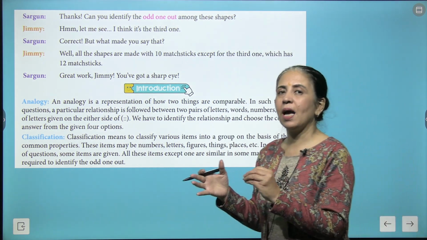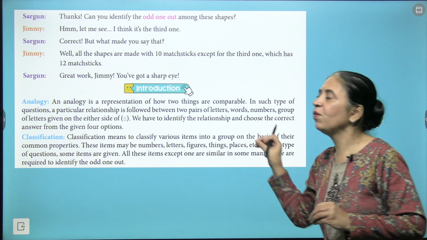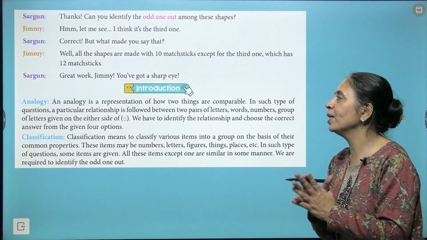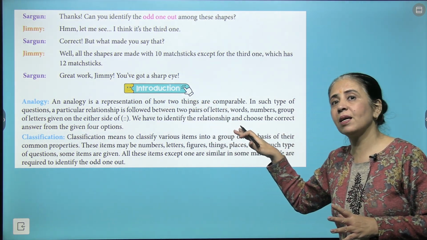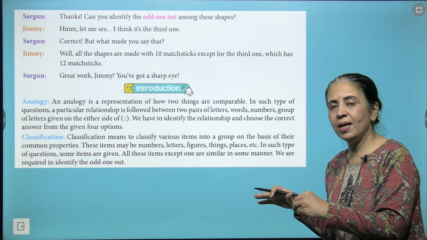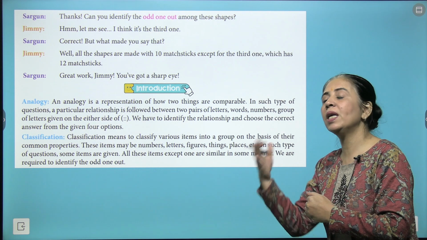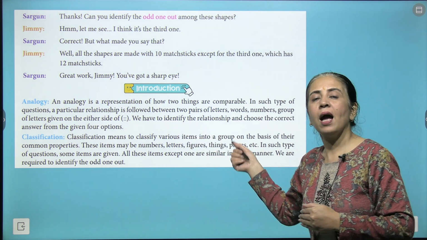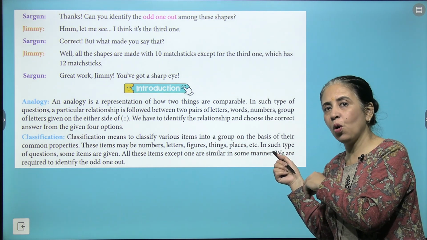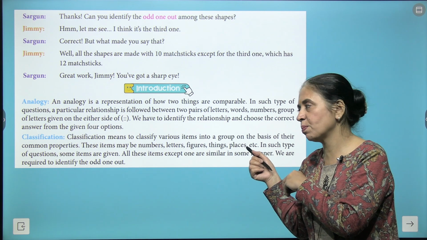Now, what is analogy? Basically, we have to do the questions which represent the relation of two things, and the same relation is to be created between the other two objects, and we have to find one of the other two objects which is missing.